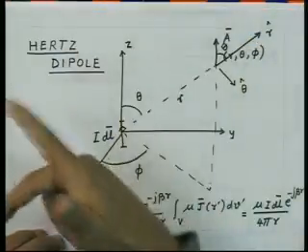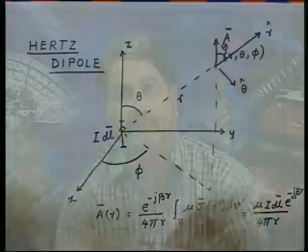So, though the wave which is created by this is spherical, at every point in space, if you go around this Hertz dipole, you will see a transverse electromagnetic wave. Though the direction of the transverse electromagnetic wave will be varying at different points in space, at any location, if you ask what is the nature of the electromagnetic wave, it is a transverse electromagnetic wave.